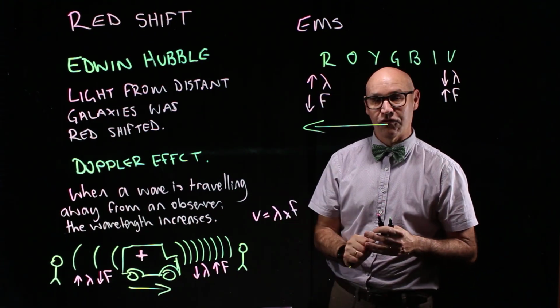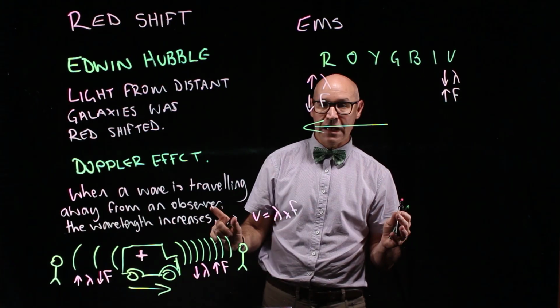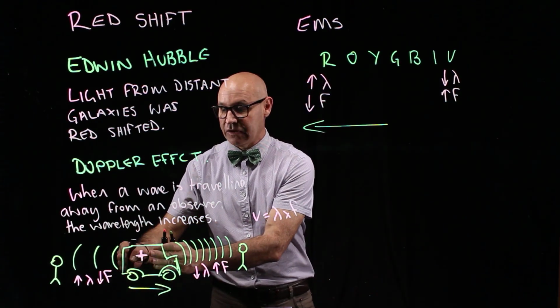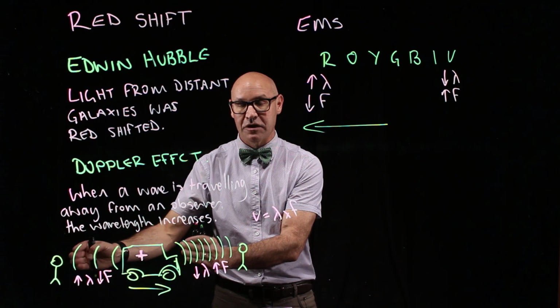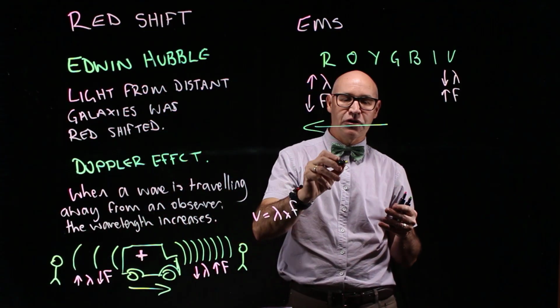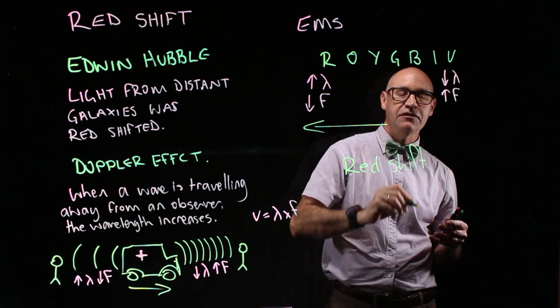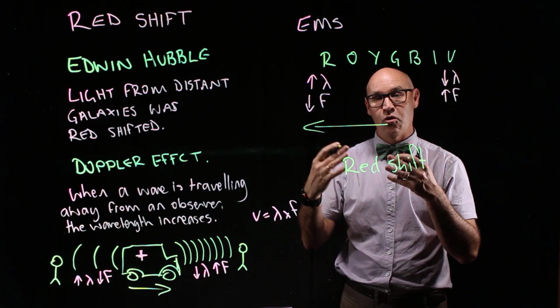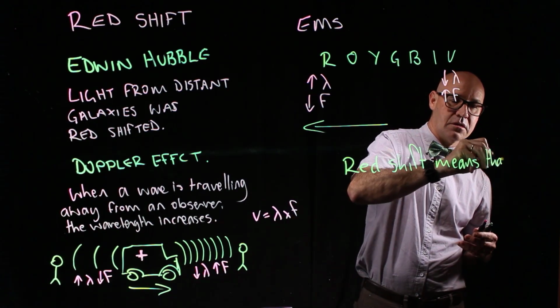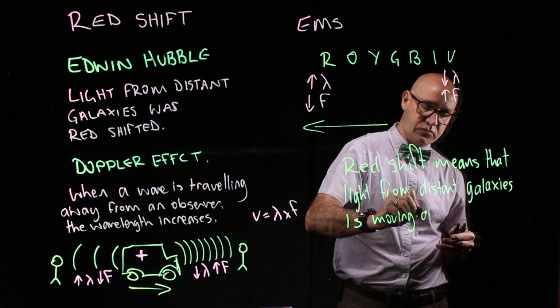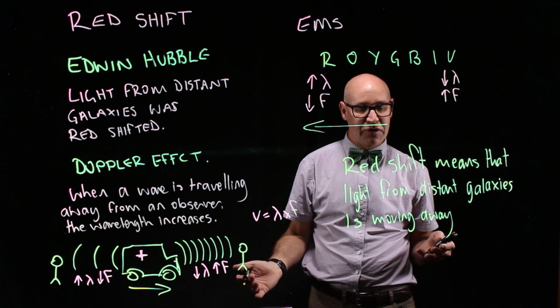Now if we go to the Doppler effect, a longer wavelength means that the light source is moving away from the observer. So what Edwin Hubble was able to say is that red shift means that the light from those distant galaxies is moving away from the observer.